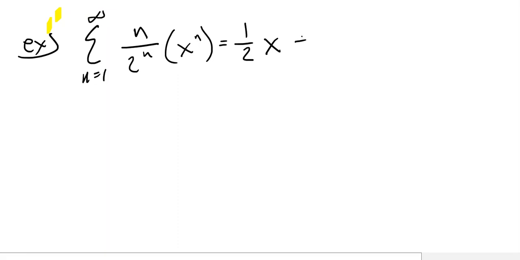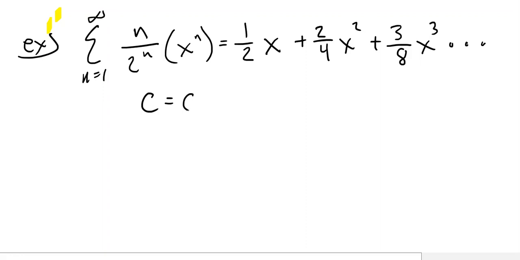Then when n is equal to 2, we're going to have 2 over 4 x squared. When n is equal to 3, we will have 3 over 2 cubed, which is 8, times x cubed, on and on and on. In this particular series, c, the center, is equal to 0. That's why we have x to the n, which is really x minus 0 to the n.